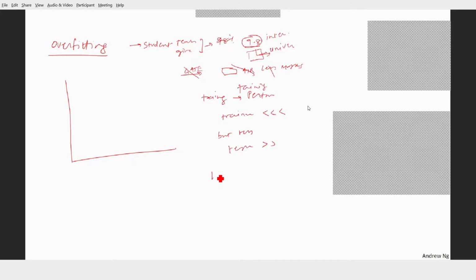So when your testing error is very high in comparison to your training error, this is termed as overfitting. As I showed you in the plot, when there are two dimensions, just an x variable and output y, it is easier to visualize.